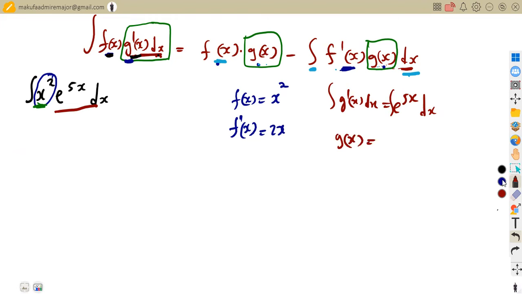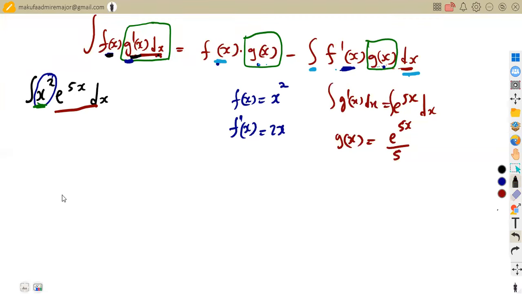So integrate both sides, we are going to obtain our gx in this case. Remember the integral of e to the exponent of f of x is e to the exponent of f of x over the first derivative of that f of x. The first derivative there is going to give us a 5. So that is what you're going to have for gx. If we apply this method, I want us to see what is going to happen.